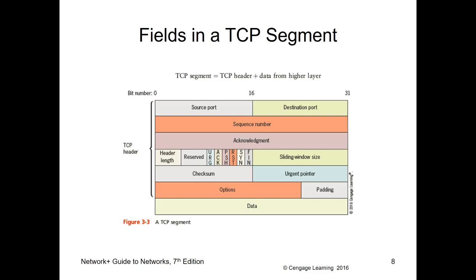So it's got a couple of things in it. It's got a source port, where it's coming from, and a destination port, where it's going to. That is in binary, so it's 0 to 16 and 16 to 31. In other words, it's 16 bits. Hang on, maybe I'm crazy, but if I whip out my calculator and take 2 to the 16th power, what number do you think I'm going to get?